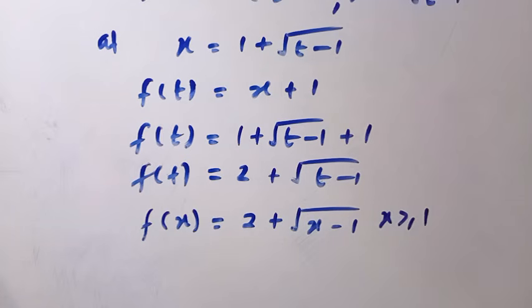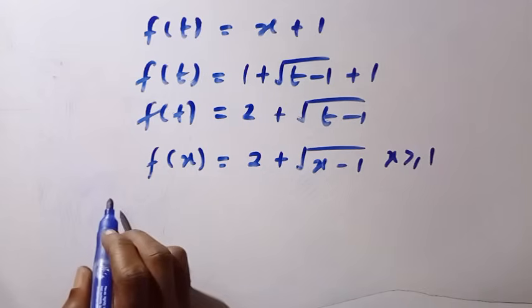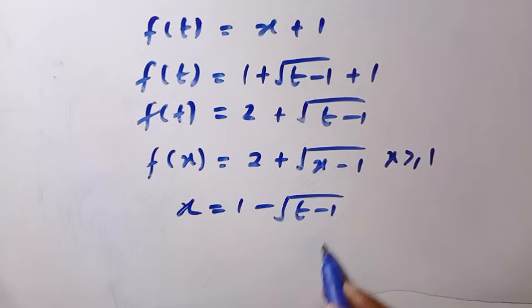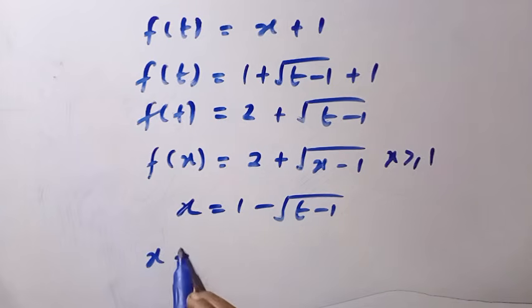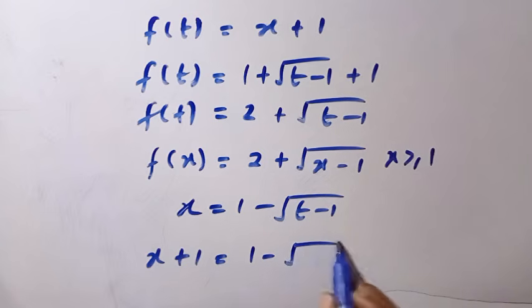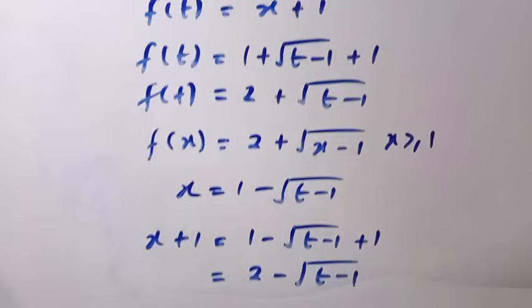Then for the second branch, we test when x equals 1 minus the square root of t minus 1. Then we need x plus 1 as we did earlier. So for x plus 1, we have 1 minus the square root of t minus 1, then plus 1. This gives us 2 minus the square root of t minus 1.